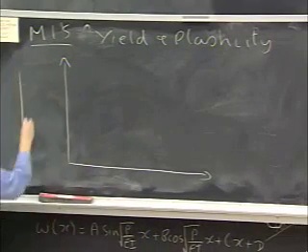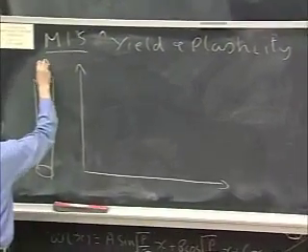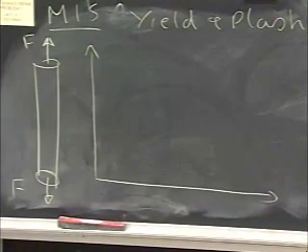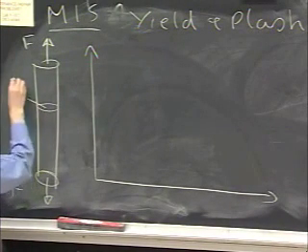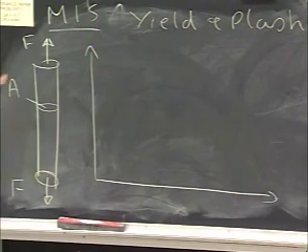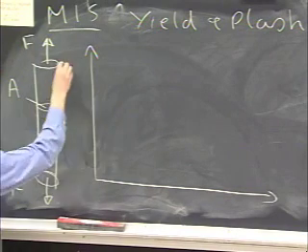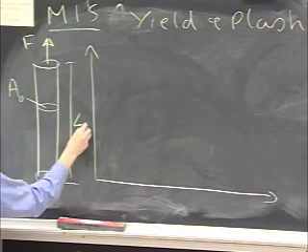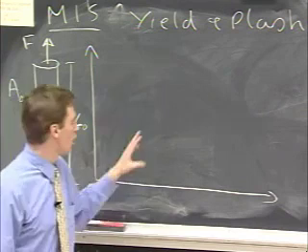So the typical test we'll do is, in a more instrumented way, what Carl and I did over the overhead projector. We have a rod of material, some cross-sectional area A, some length L, and in fact I'm going to call these A0 and L0 because, well, we'll see why in a minute.